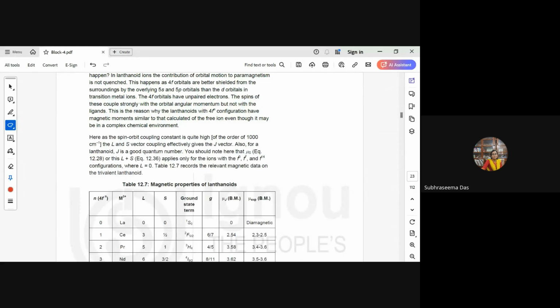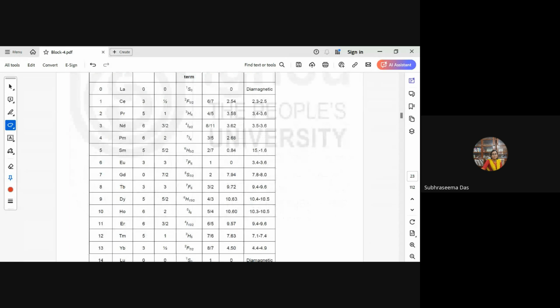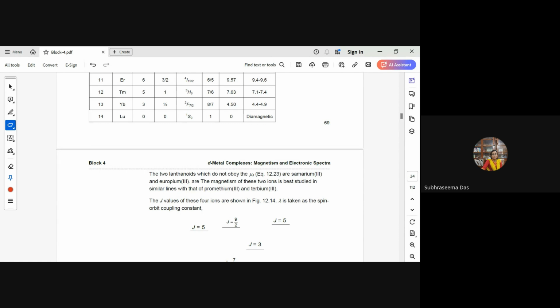As the spin-orbit coupling constant is very high, the LS vector coupling effectively gives the J value. In table 12.7, the magnetic data on the Ln3+ ions are shown. We come across two cases which do not obey the mu J value: samarium and europium.